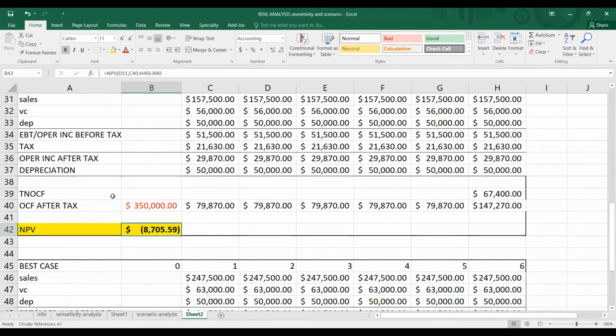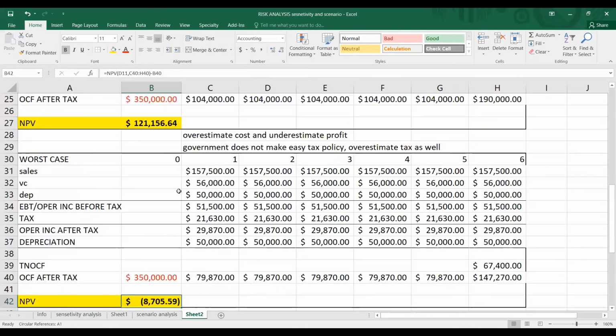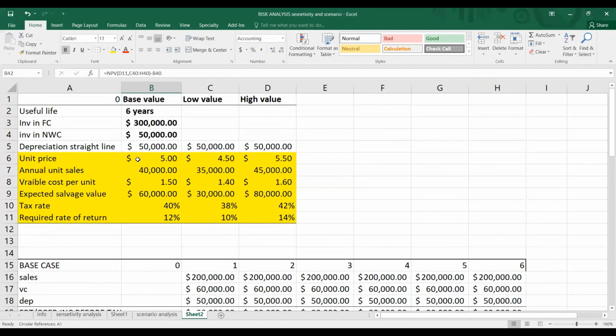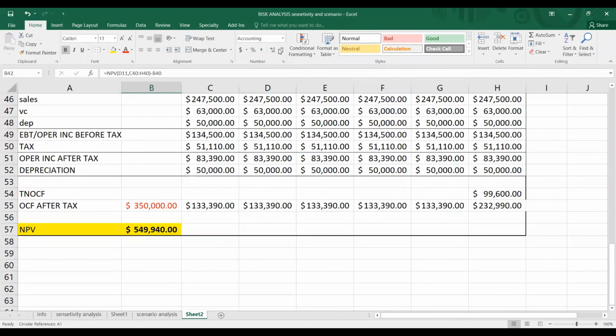So we don't control this macroeconomic factor, which is out of our control, which we should take into consideration while we are accepting or rejecting the project. Okay, this is scenario analysis. Do you have any questions? No. Okay. Great. Now, if you don't have any questions, just a second.